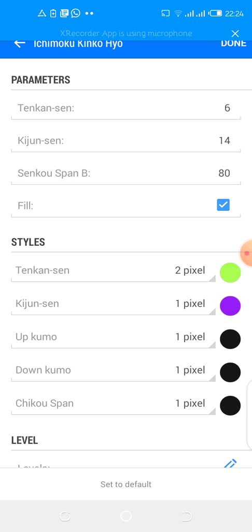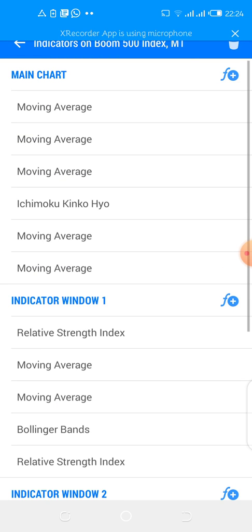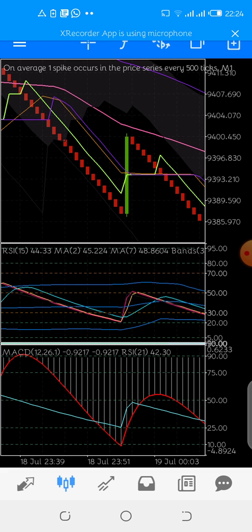So what we are using here is level 6 and level 14. But let me change this. You can use level 6 and 14 or use level 9 and 26. Tenkan-sen level 9, Kijun-sen 26. So anytime in a trending market, anytime the market reaches level 9, it will spike, or reaches level 26, it will spike. Okay, that is for what is on the main window.